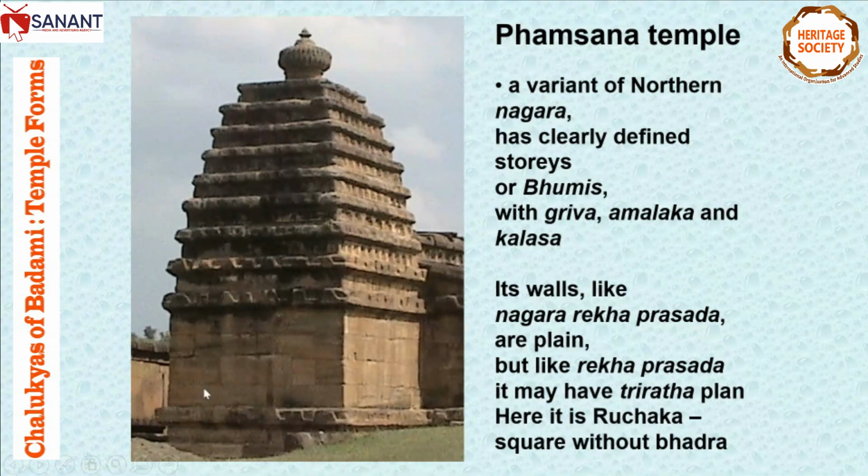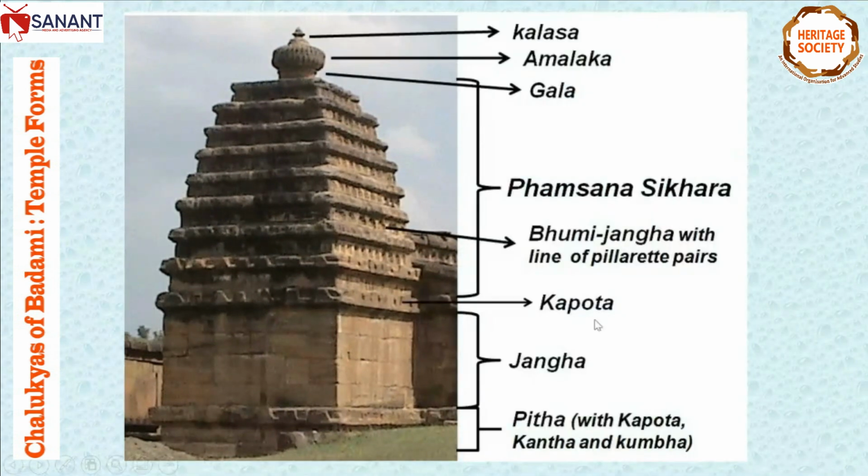In this case, it is a Ruchaka type of temple. If it has an offset, it would become a Bhadra type of temple. These are the components. You can see Pitha, Kantha, Kumbha, and Kapota will be there. Then Jangha, plain wall. Kapota part is there.